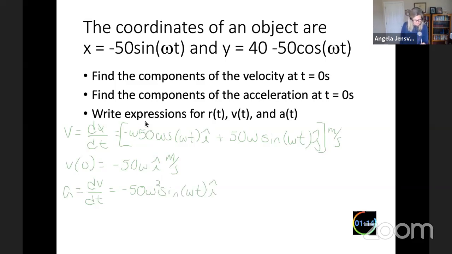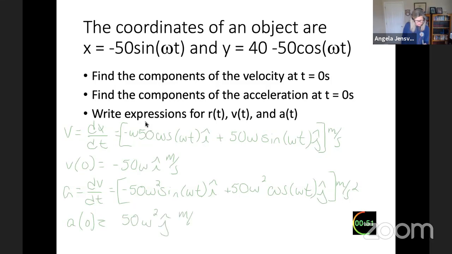The derivative of sine is cosine, so that would be plus 50 omega squared cosine omega t j. So this is the expression for the acceleration at any time. But if we want the acceleration at 0, sine is 0, so it would be 50 omega squared j meters per second squared.